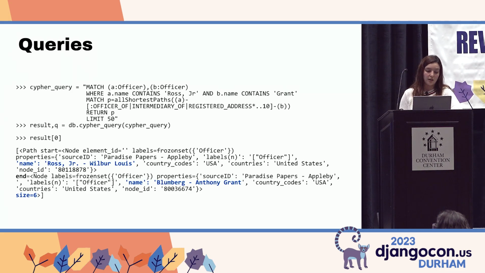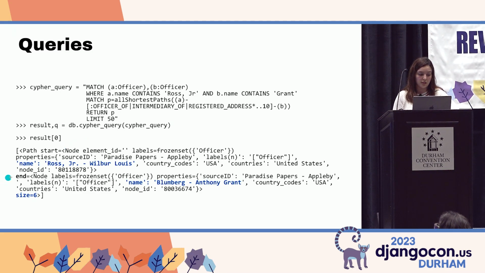And this is a more complex query, the same that I showed you before. I brought just a part of the result. And one thing about neomodel is that the query doesn't bring us all the nodes that are between these two nodes.